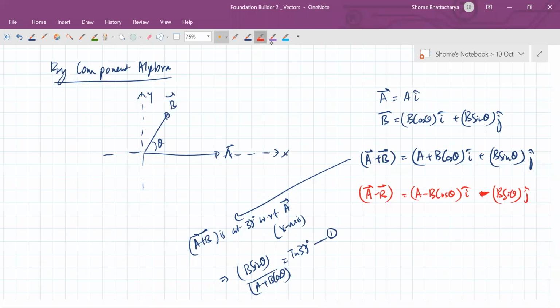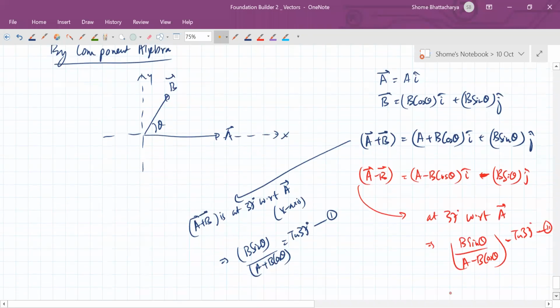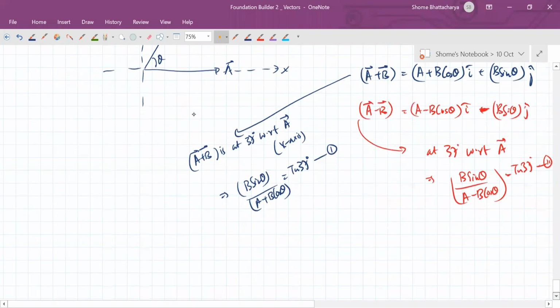And A minus B is also at 37 degrees with respect to the vector A. So that means B sin theta upon A minus B cos theta also has to be equal to tan 37. Now you compare the two equations, comparing equations 1 and 2.